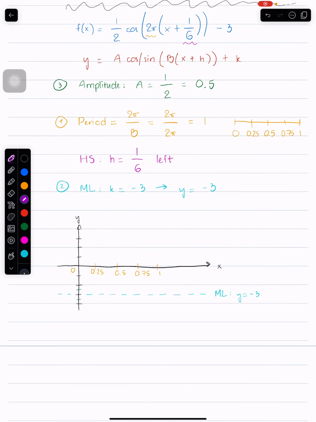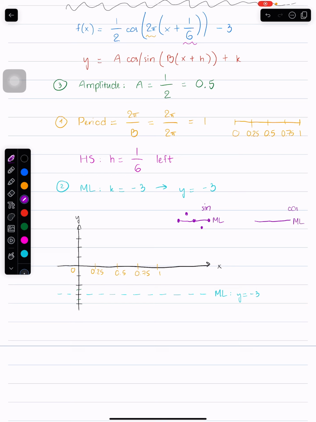If you have a sine pattern, imagine this is your midline. The sine starts off from the origin, goes up, back to the midline, down, and back to the midline. These are the 5-point patterns for sine. If we go onto the cosine pattern, we have a midline, but we're not going to start from the midline.